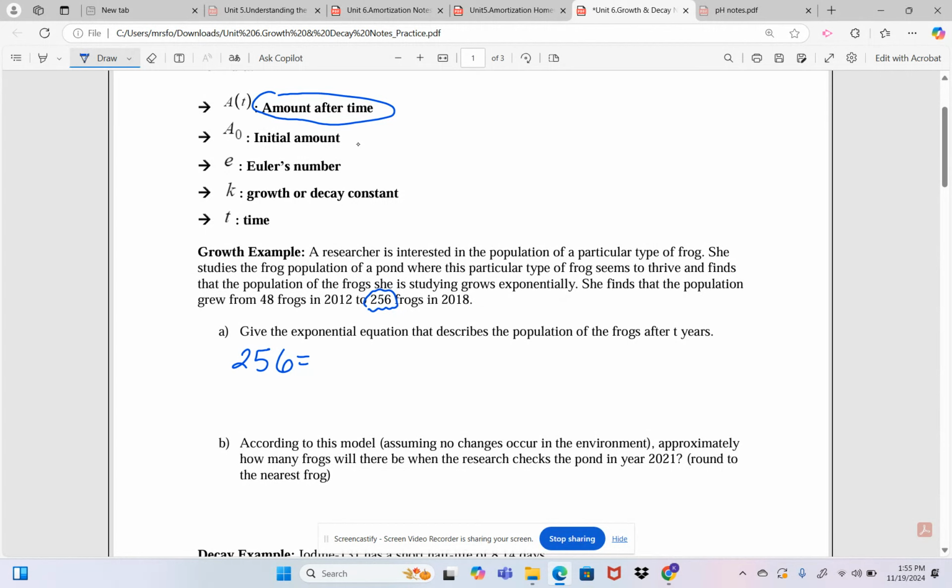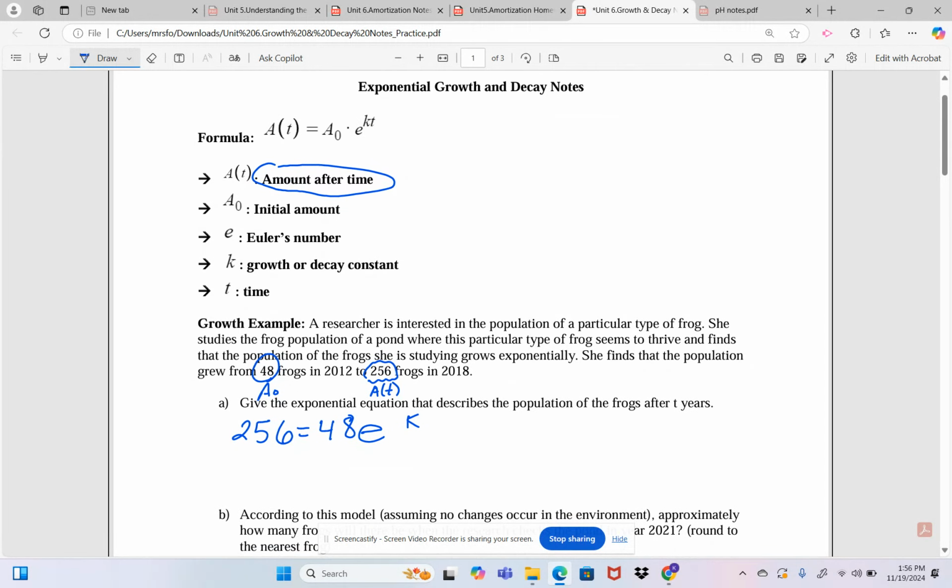What was the initial amount of frogs? 48 was the initial amount of frogs. Now, the K is the growth or decay constant. That is what we're going to be looking for. Do we know the T? Do we know the time? How many years had passed?